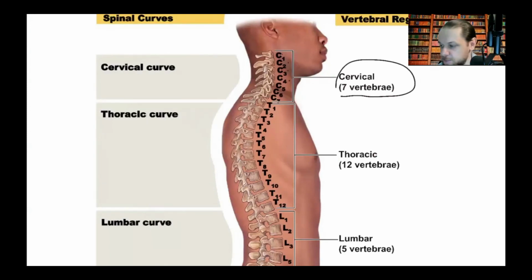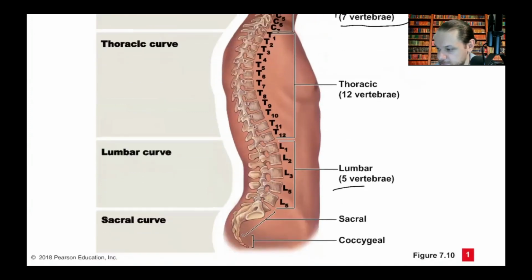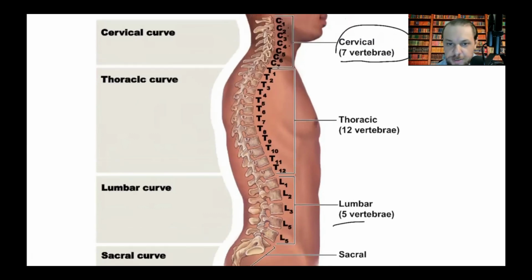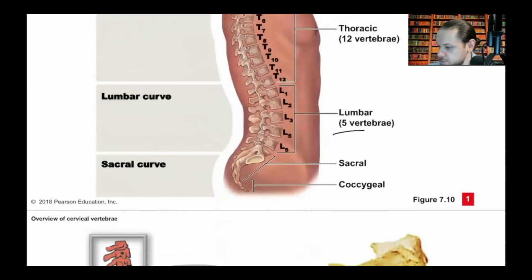Thoracic vertebrae go up until 12, lumbar 5, and we have the sacral and coccyx. Some of them have important, relevant clinical features, very important for you in the field, which I want to touch on.